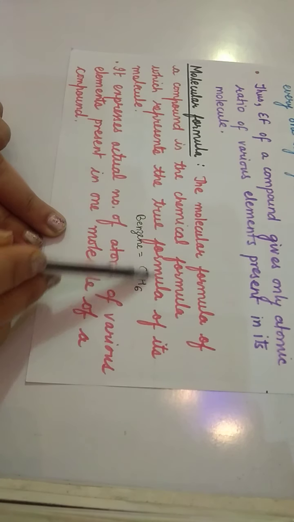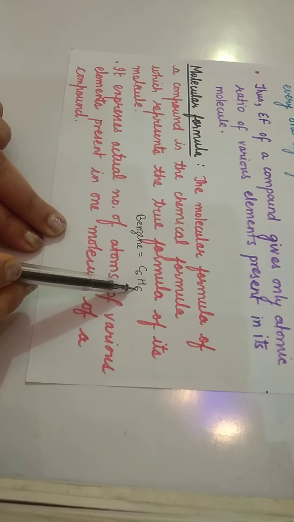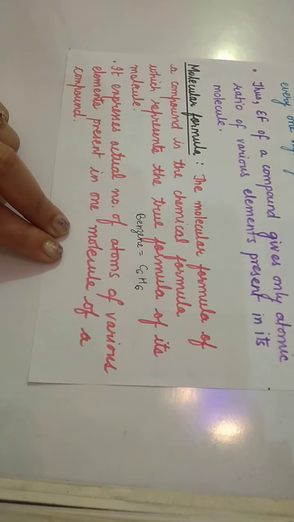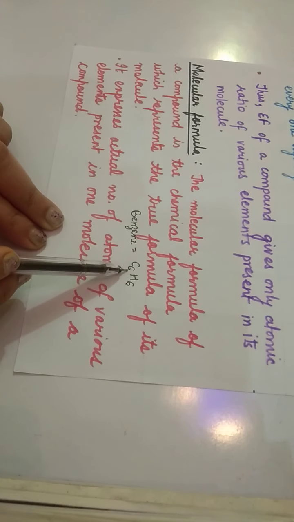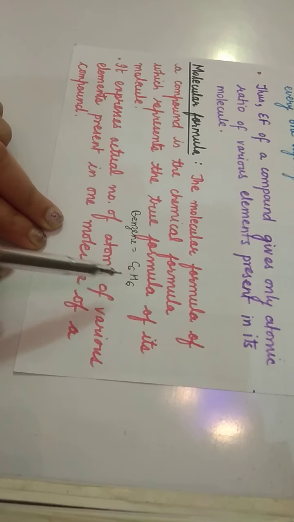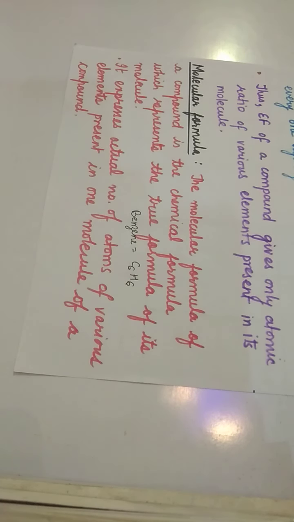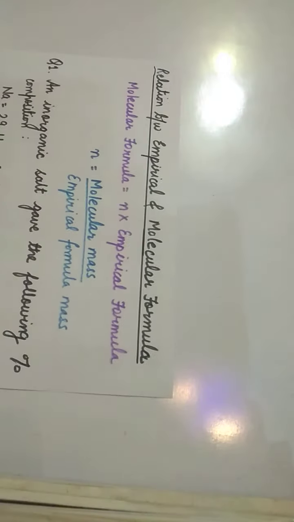That is, it gives you the exact number of atoms of carbon and the exact number of atoms of hydrogen in benzene. So it gives you that 6 atoms of carbon are there and 6 atoms of hydrogen are there. That is, it gives you the exact number of atoms of the elements which are present in one molecule of a compound. So it gives you the true formula of the compound, that is molecular formula.